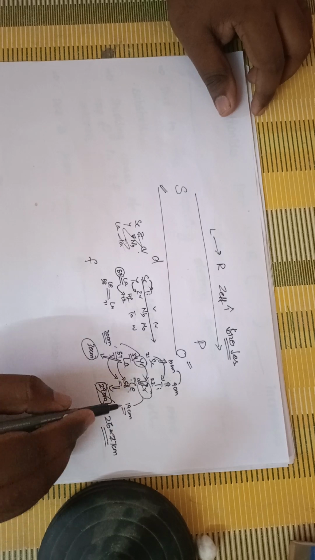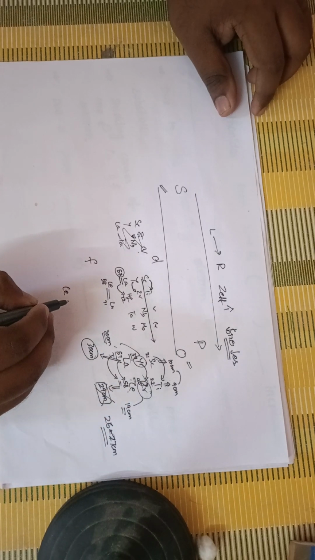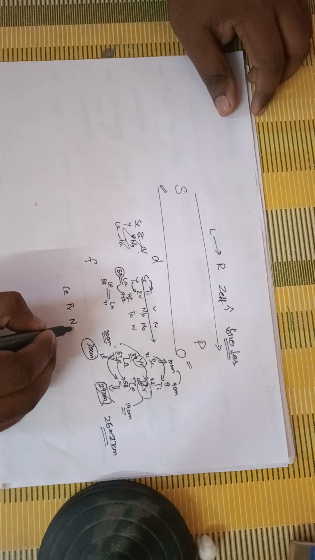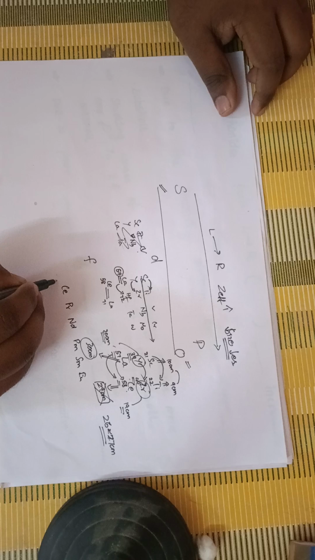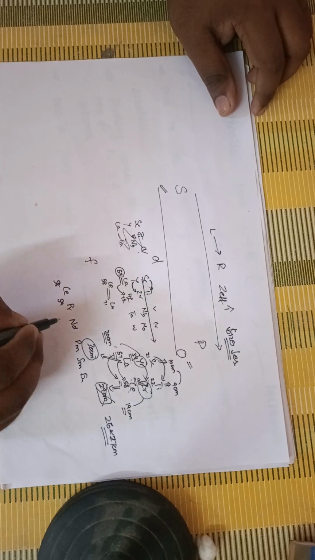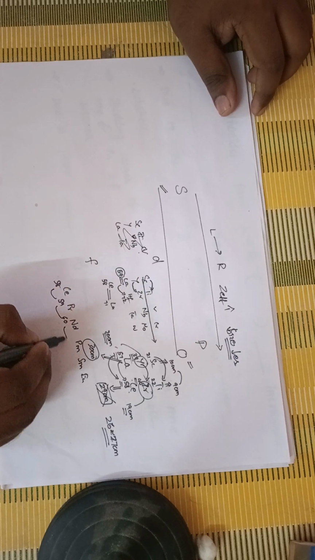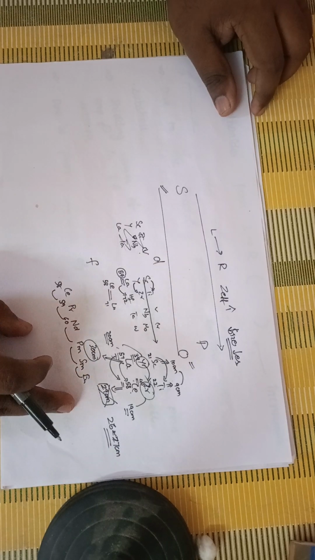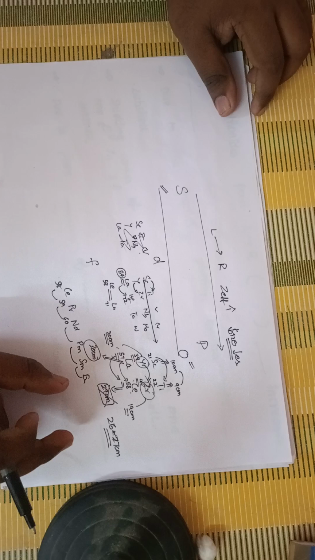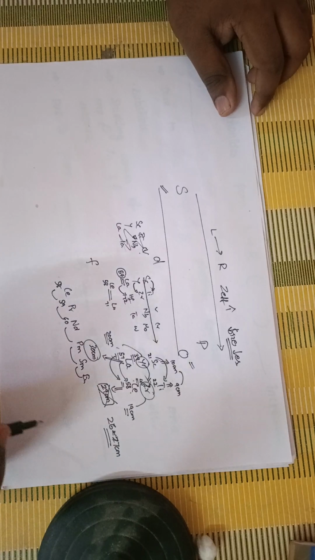And moreover, for cerium, praseodymium, neodymium, promethium, samarium, europium, that is 58, 59, 60, the difference is very, very small. From one element to another, the difference in atomic size is very small.